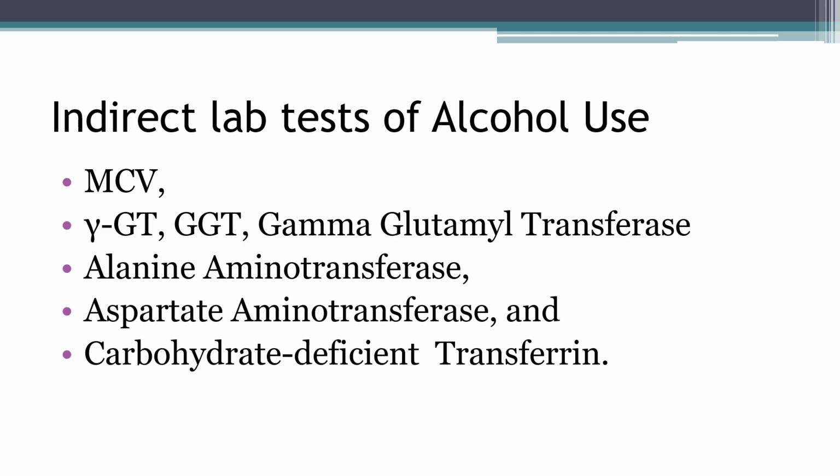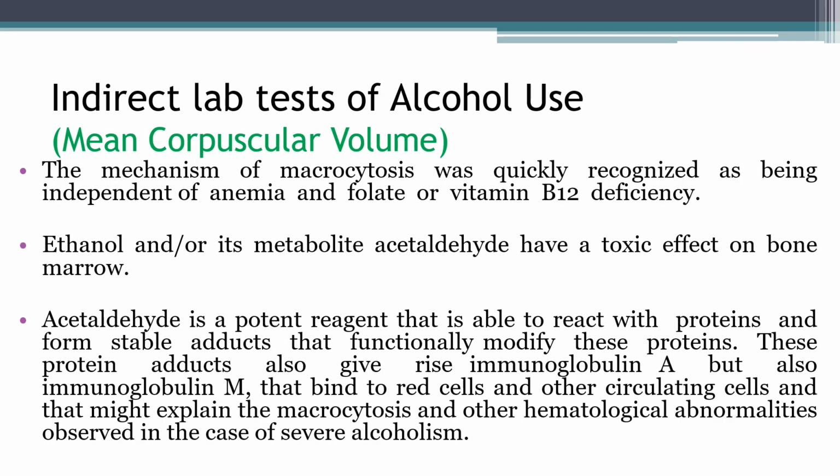Now coming to the indirect lab test, the first one is mean corpuscular volume. Mean corpuscular volume is a mechanism of macrocytosis which is quickly recognized being independent of anemia, and of folate and vitamin B12 deficiency. It means this is independent of the deficiency of vitamins and the condition of anemia. If the person is consuming alcohol for a prolonged time and continuously, this MCV will rise.